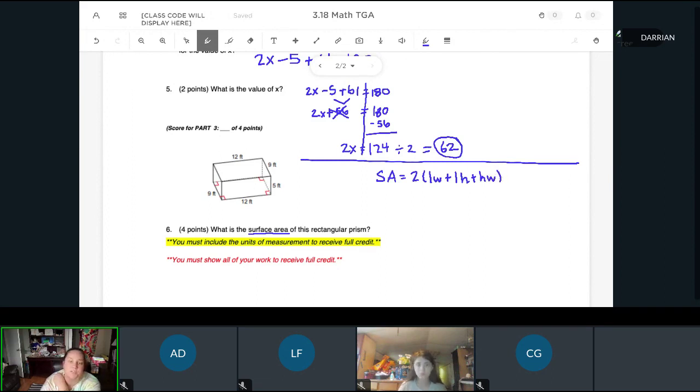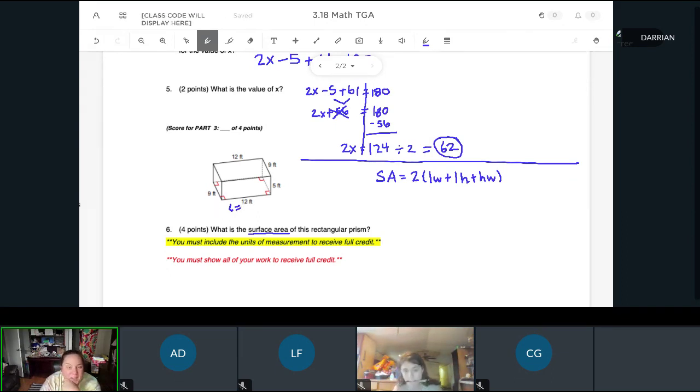So the first thing you want to do is look at your shape and label what the length is, what the width is, and what the height is. Okay. So length is this one right here in the front. So I'm going to put L equals 12.